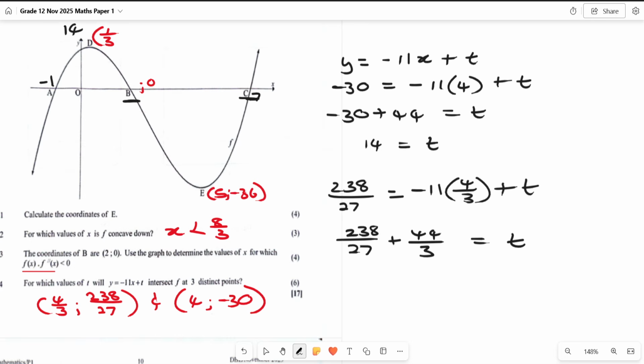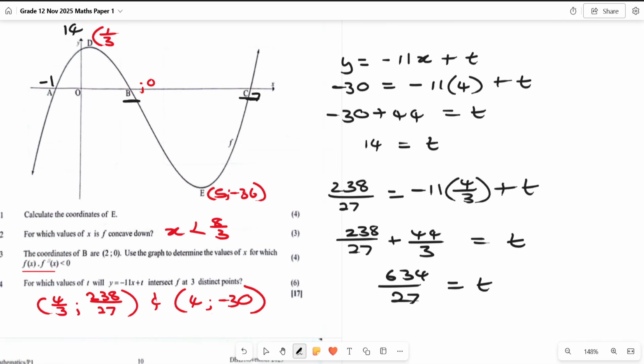So real quickly, let me just put that on the calculator. 238 divided by 27, plus 44 divided by 3. I'm getting a very awkward number, but it's fine. 634 divided by 27. Our answer is going to be this.